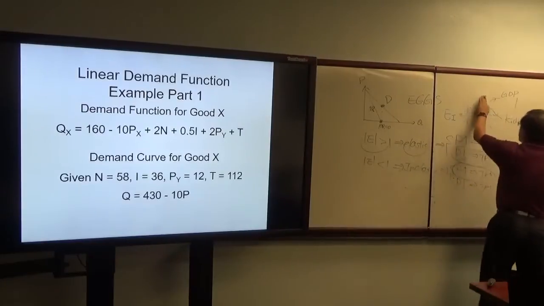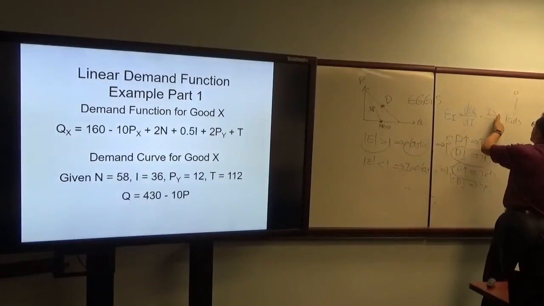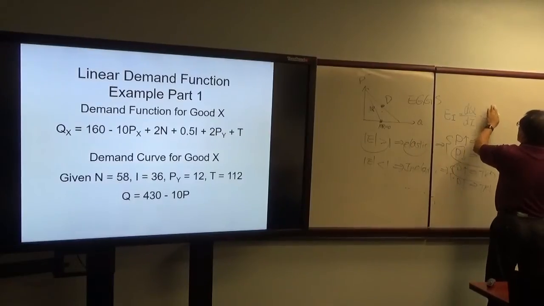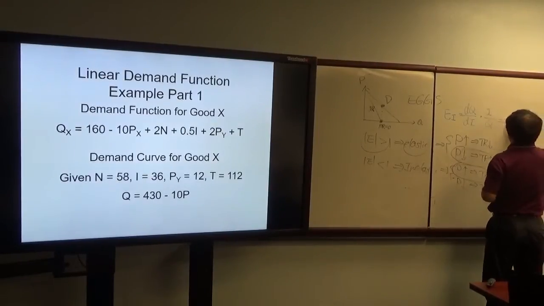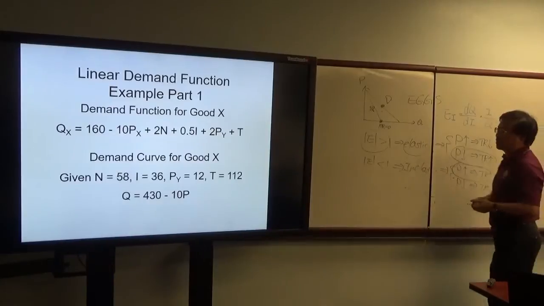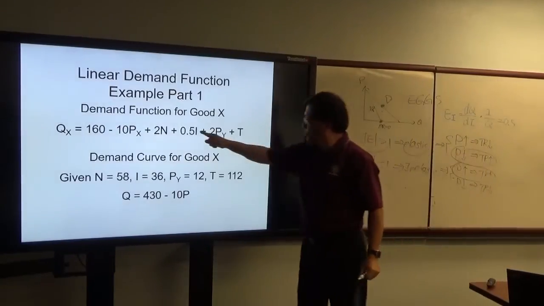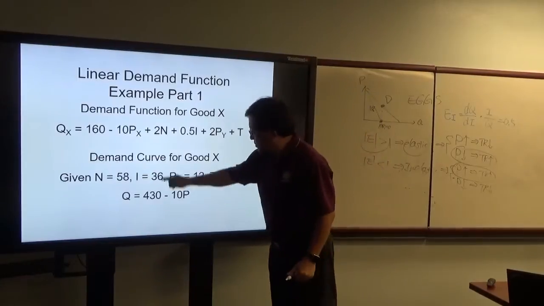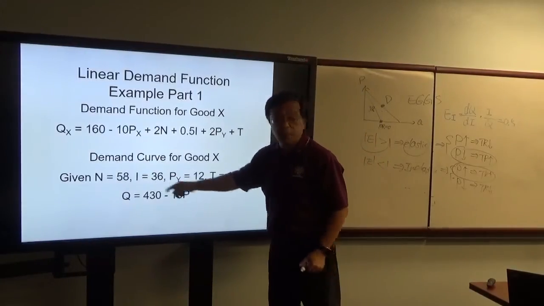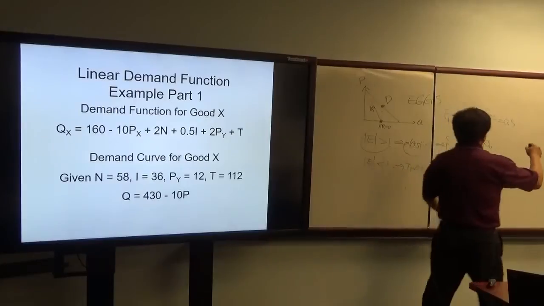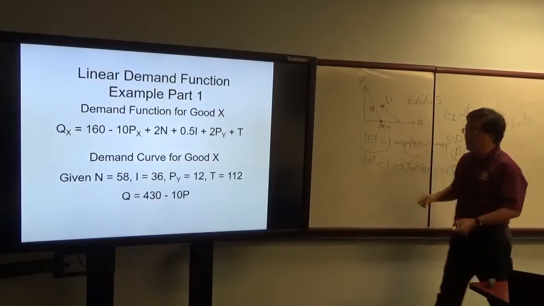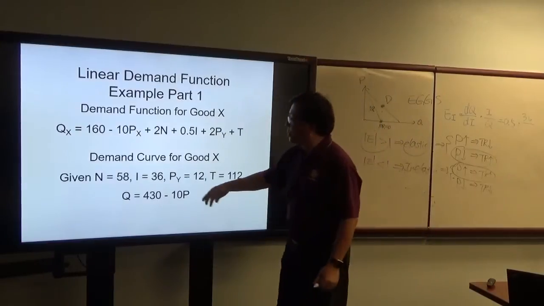So in this example, what's the income? What is dq over di? Is it 0.5? Yes, it's 0.5. Then we also have the income level given, 36, and the quantity demanded, which also depends on the price.